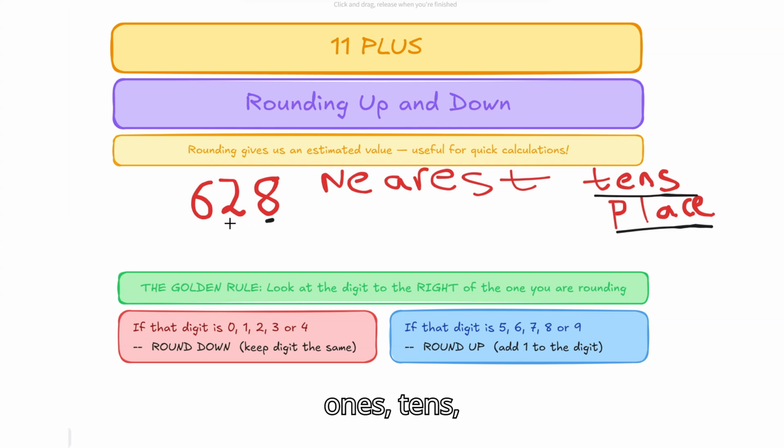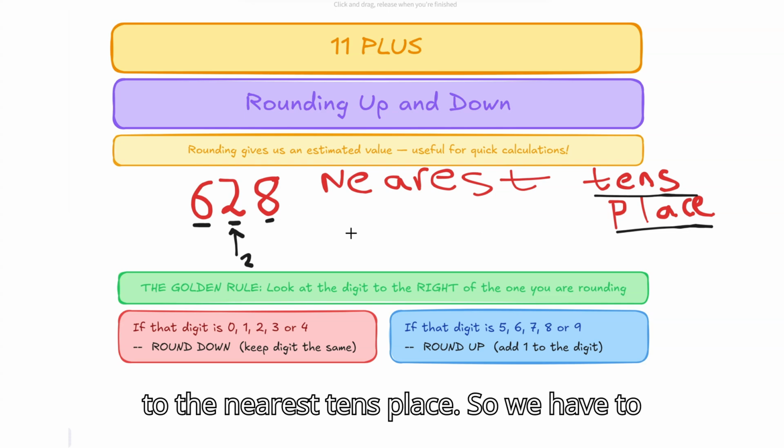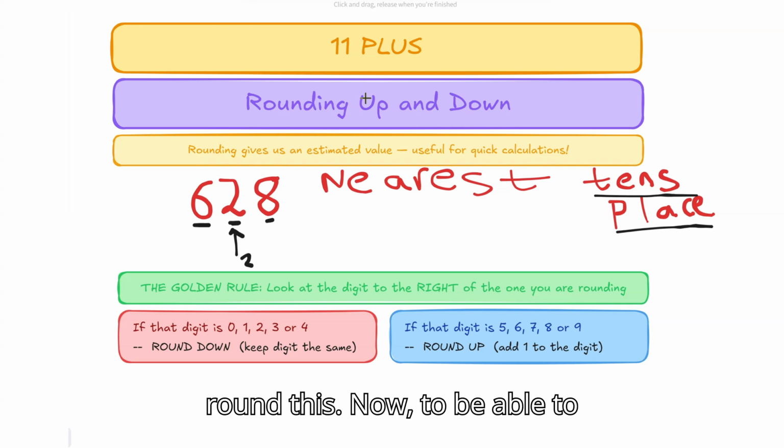Ones, tens, hundreds. So 2 is in the tens place. So the question is asking to round 20 to the nearest tens place.